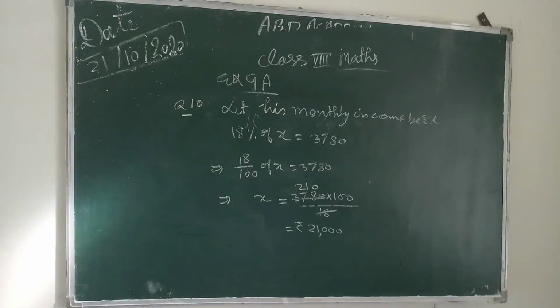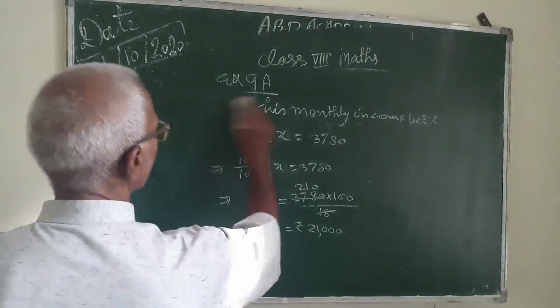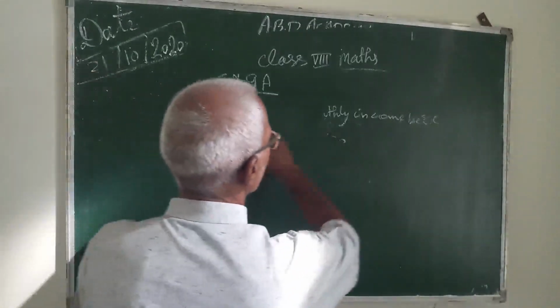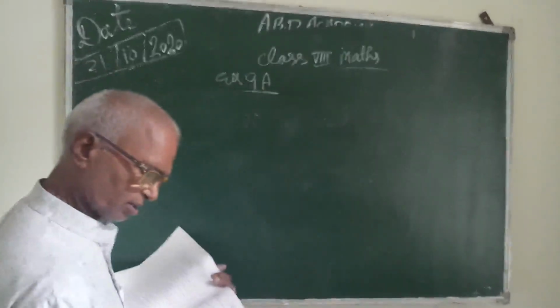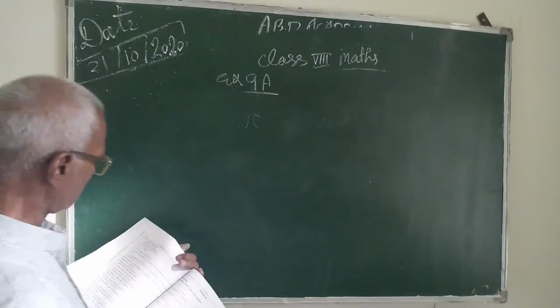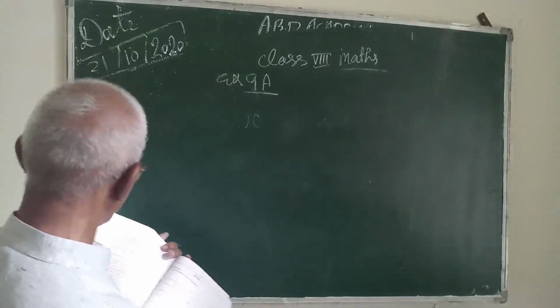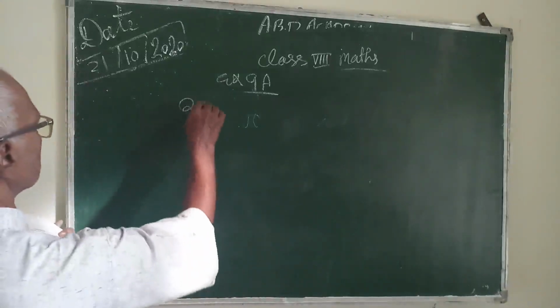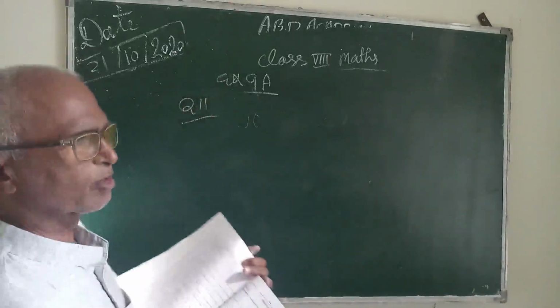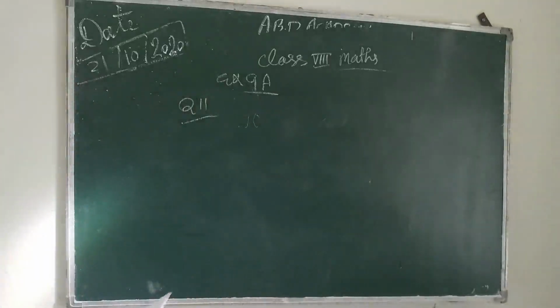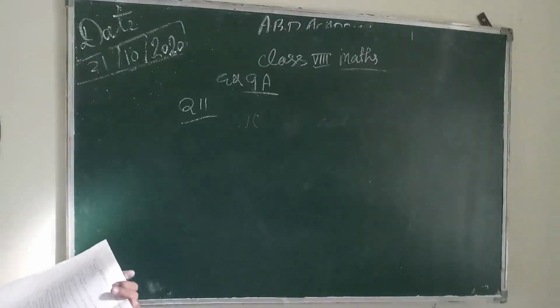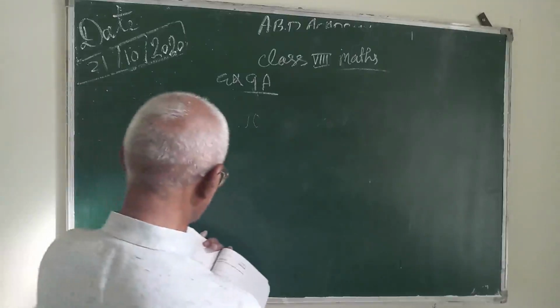Let us proceed continuously because the chapter is very simple, as you see here. Question 11. Now practical problems on the basis of percentage are ongoing. A football team wins 7 games, which is 35% of the total games played.